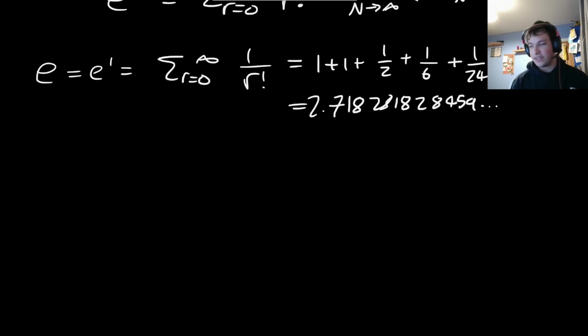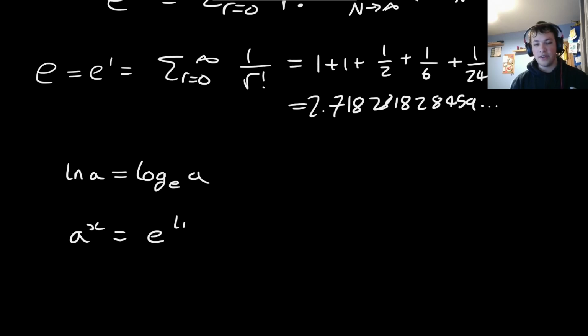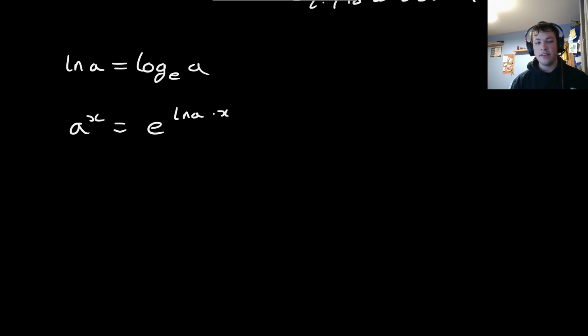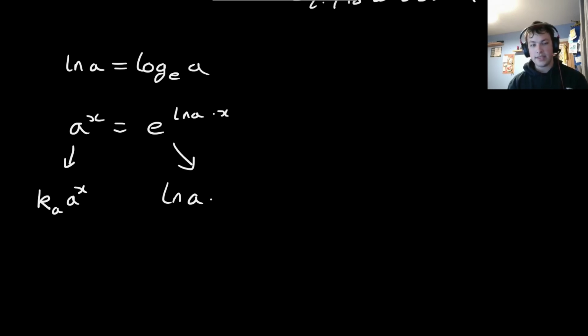And let's also quickly show this off. We define ln of a to just be the log to the base e of a, so that a to the x is e to the ln a times x. And so if we differentiate this first side using our rule, we know that this is going to differentiate to Ka a to the x, whereas this is going to differentiate using the chain rule to ln a times e to the ln a times x, which is a to the x.